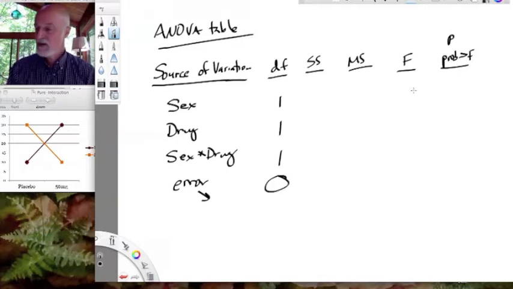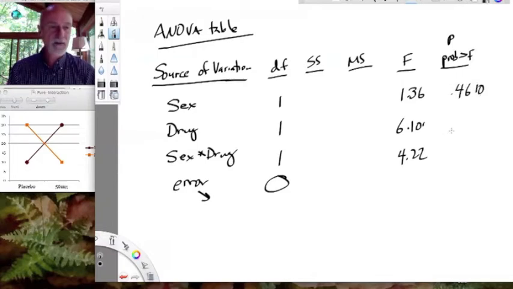So let's imagine that we get some F values here, so I'm just making up these values. 1.36, 6.10, and 4.22. Okay. And we get a p-value associated with each of those. And again, I haven't looked these up, so I don't know if they're realistic to go with these particular F's. And of course, it would depend upon degrees of freedom and all that good stuff.